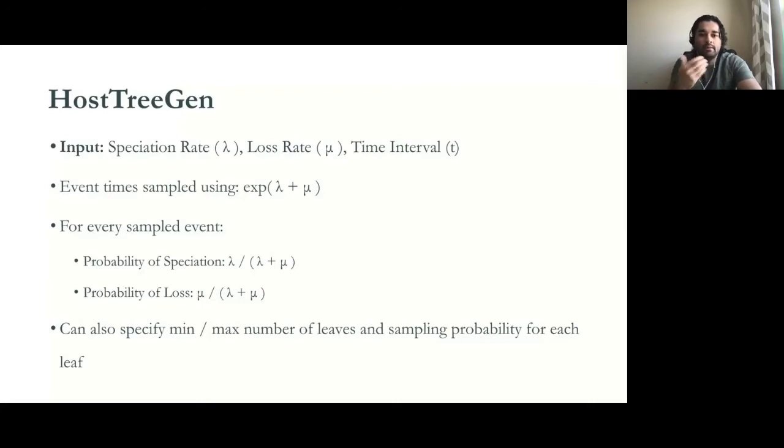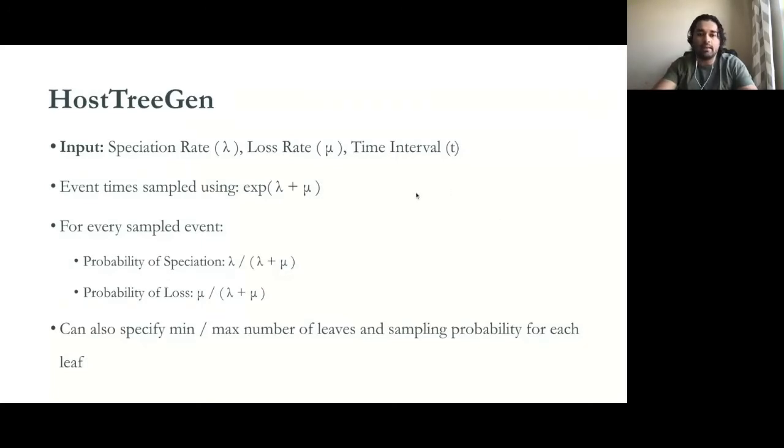And using these, the framework would essentially sample from an exponential distribution using a sum of these different rates, where the higher this rate would be, the more events would be sampled across this time interval.